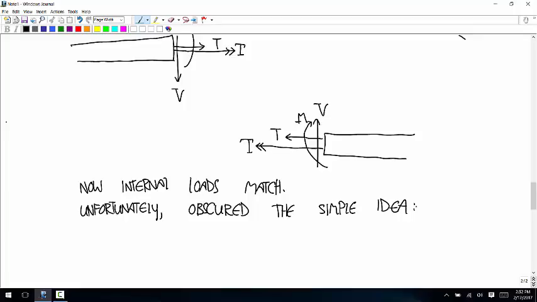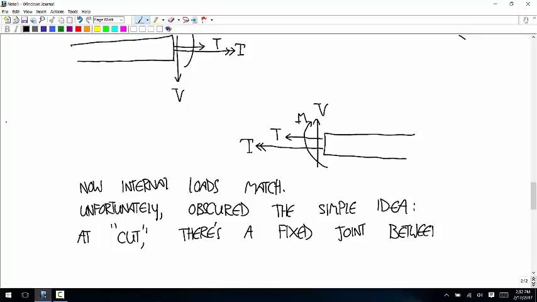The simple idea is that at that imaginary cut that we make, there's a fixed joint between adjoining pieces of material. And the internal loads are just the loads applied by that fixed joint.